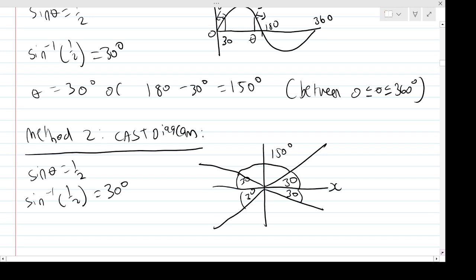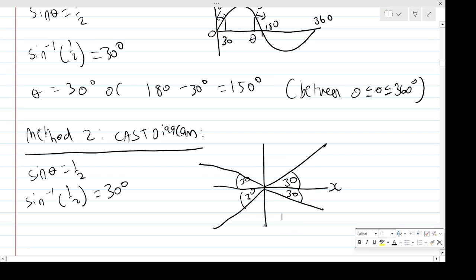Then the third solution in the third quadrant would be 210, right? If we go all the way around, that'd be 210. And then the final solution there would be 330, going the way around there until we get to that angle.